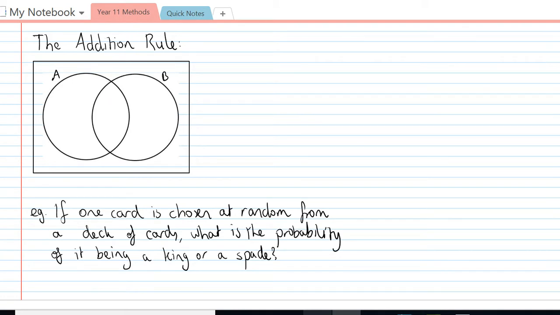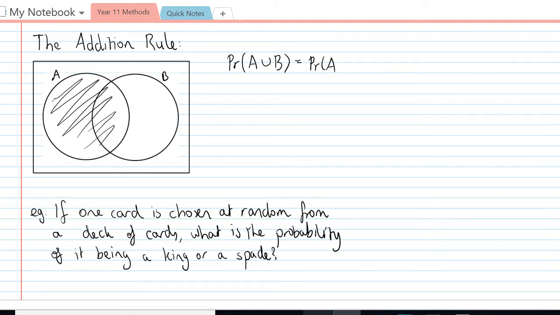Now, the rule is for the probability of A union B. So looking at what we did earlier, A union B is just all of these 2 circles here. So to figure that out, we could start off by taking this whole circle here, so that's the probability of A, and we take this whole circle here, so that's the probability of B.